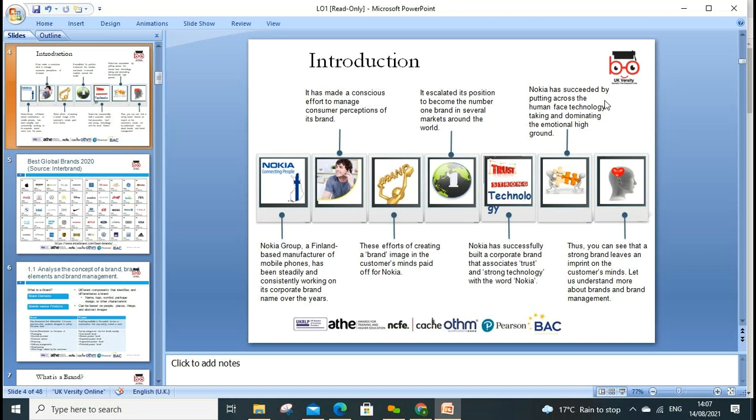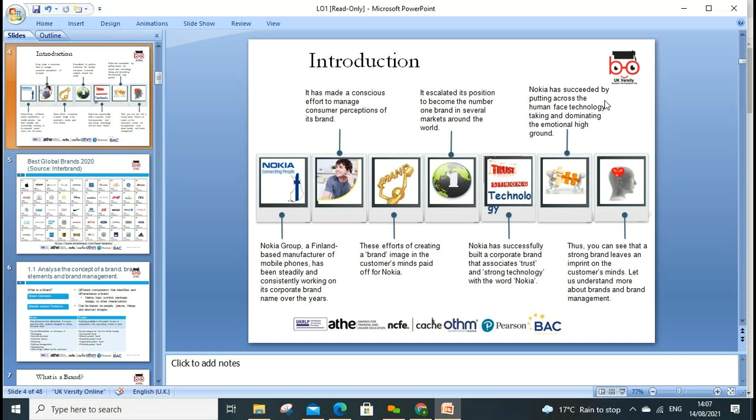Nokia Group, a Finland-based mobile phone manufacturer, has been steadily and consistently working on its corporate brand name over the years. It's not just that the Nokia brand became popular throughout the world. These efforts in creating the brand image in the customer's mind paid off for Nokia.